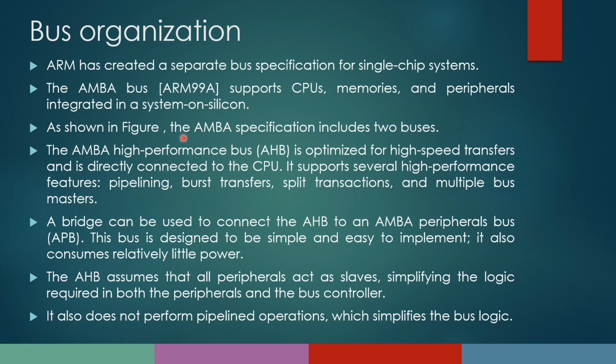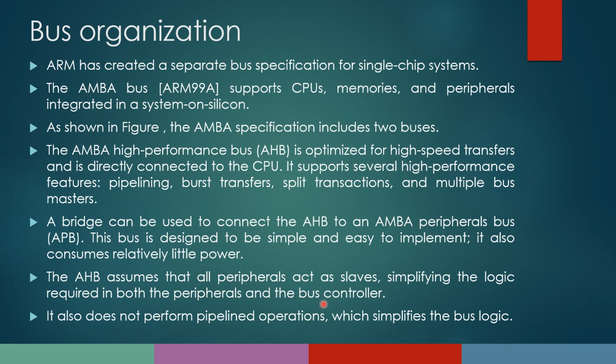So all this is supported by the AMBA high performance bus, and then we have a bridge which interconnects this AHB and APB. The bus is designed to be simple and easy to implement. It also consumes relatively less power, and the AHB assumes that all the peripherals act as slave devices, which simplifies the logic required in both the peripherals and the bus controller.